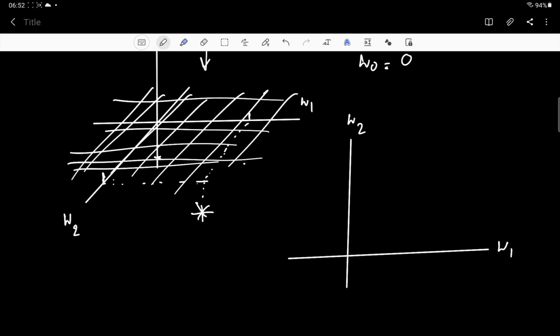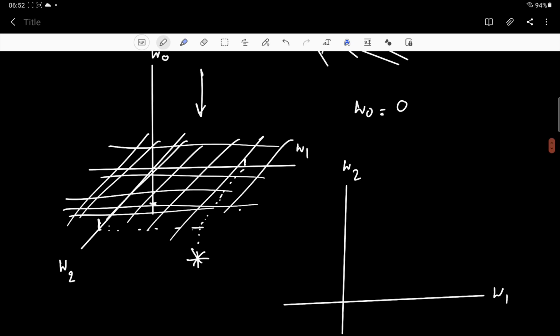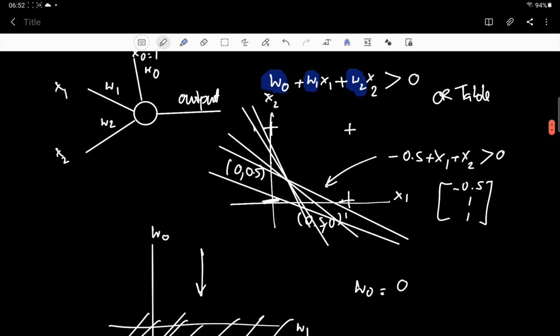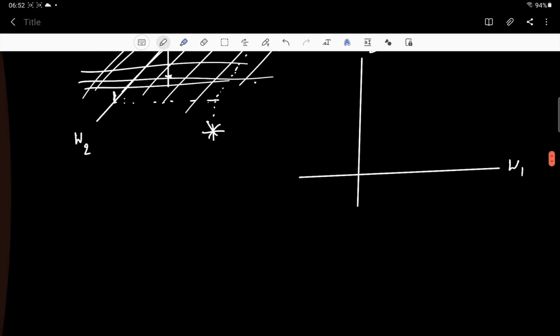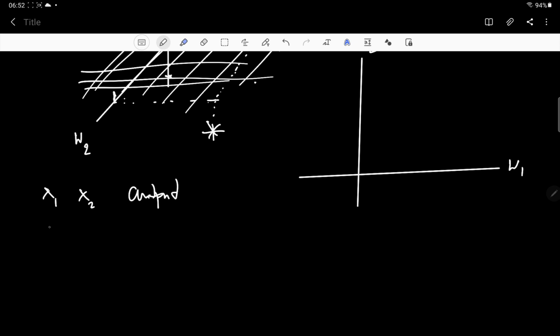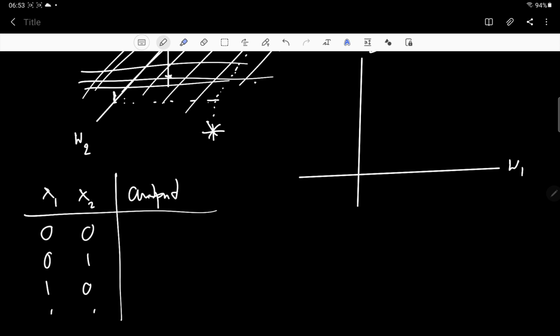So at first, look at the first example. I'd like to use the fourth one first. We have x1, we have x2, and we need the output like this: 0 0, 0 1, 1 0, and 1 1. Guys, look at this.